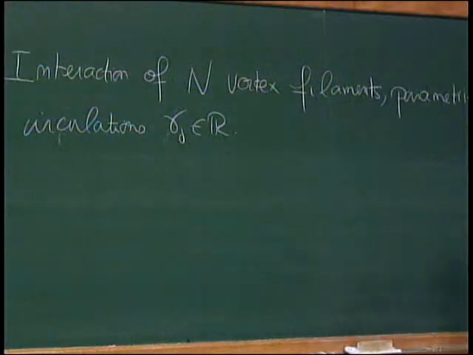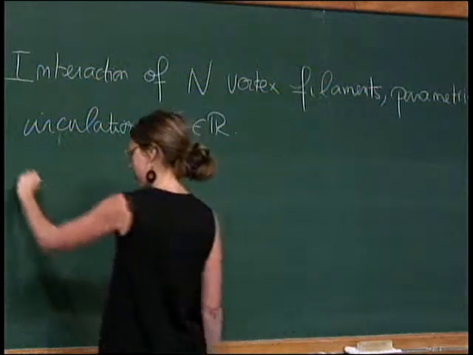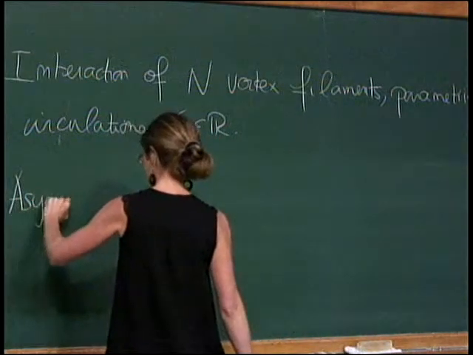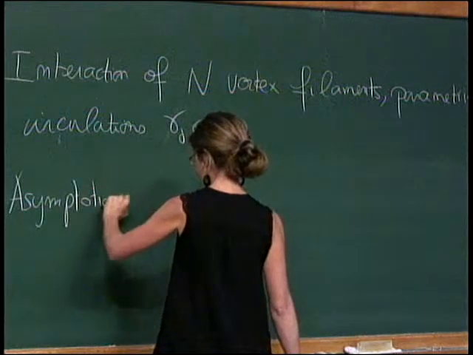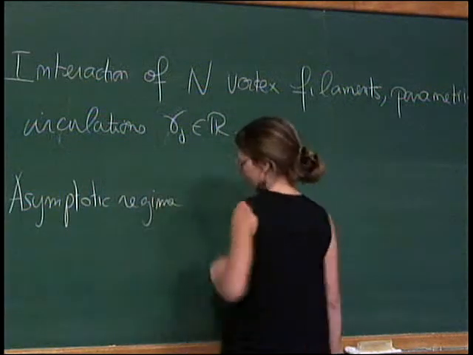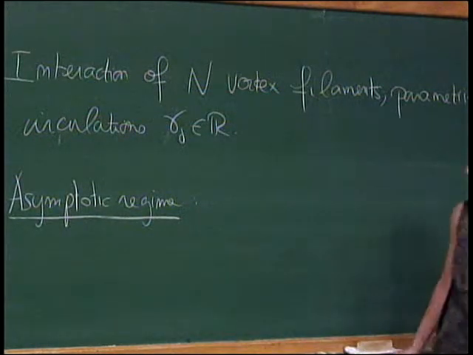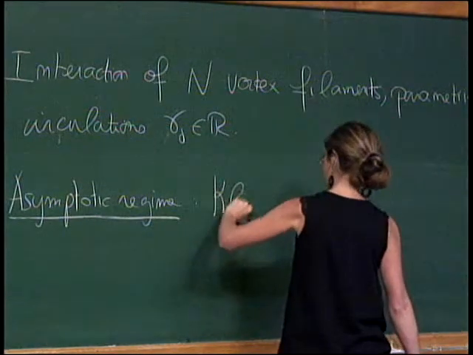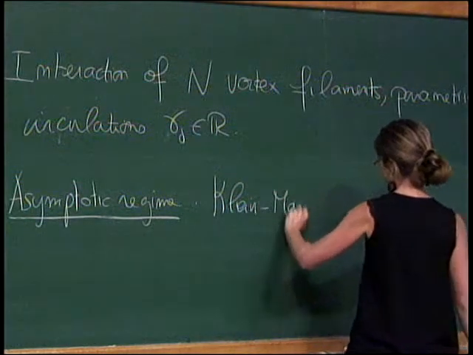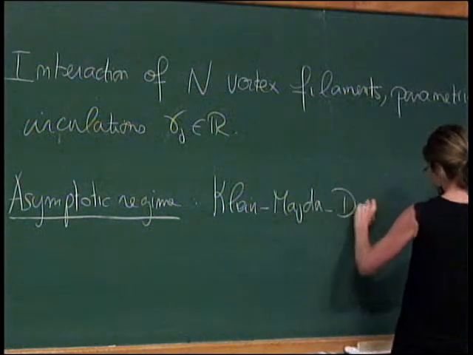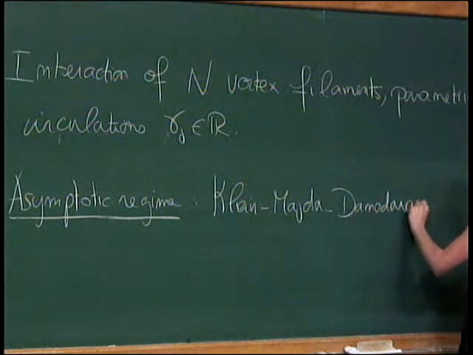We will consider a regime in which the n vortex filaments are all almost parallel to the same axis. This is an asymptotic regime introduced by Klein, Majda, and Damodaran in 1995.